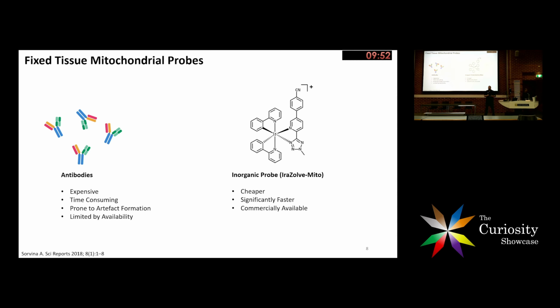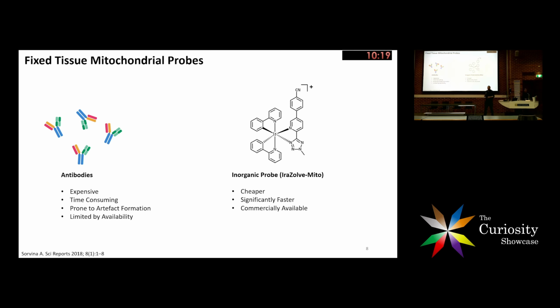So you may be wondering, why is there only one small molecule probe available at the moment? Well, it was seemingly discovered purely by chance. So the initial investigation where it was synthesized was a project aiming to develop more probes for live cell imaging. And then of all the probes that they designed in that investigation, they also stained fixed tissue samples.